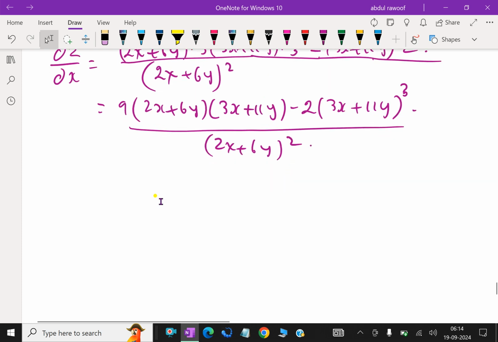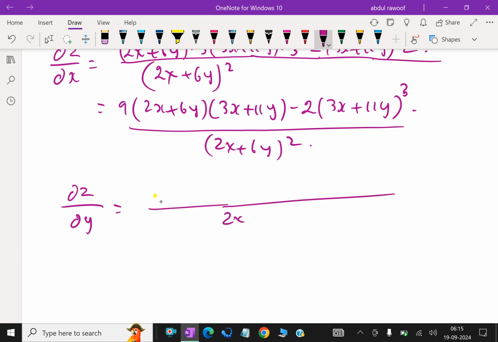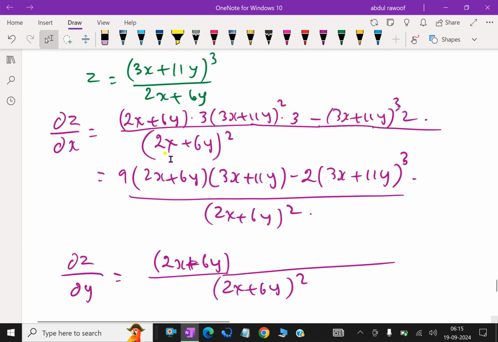Then next one, dou z by dou y. A similar way, here 2x plus 6y the square, that is v square, v into du. Du is what?